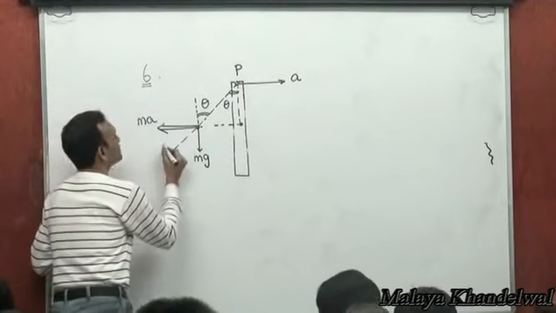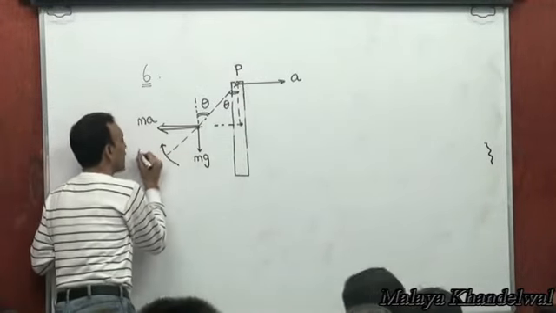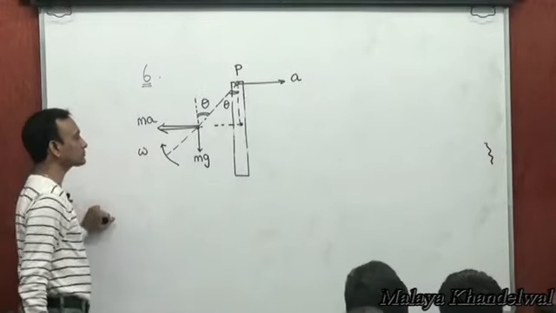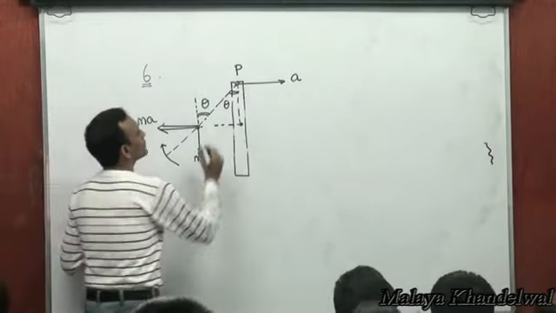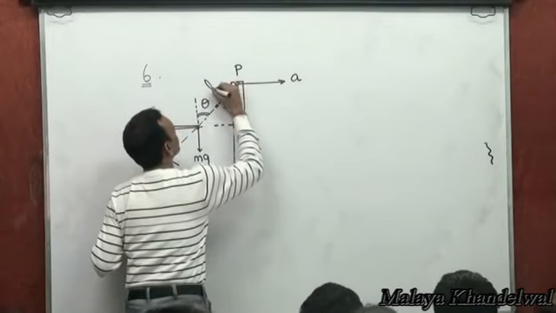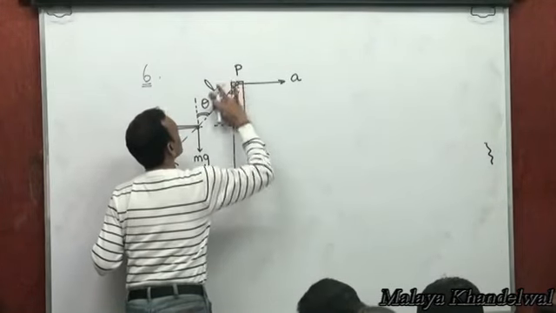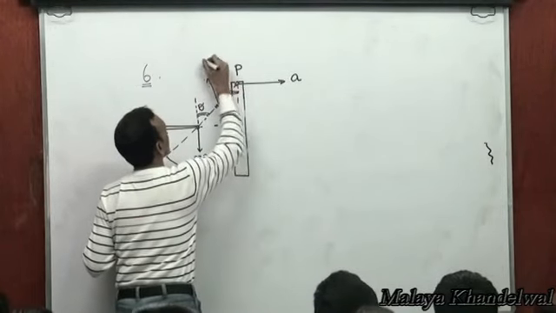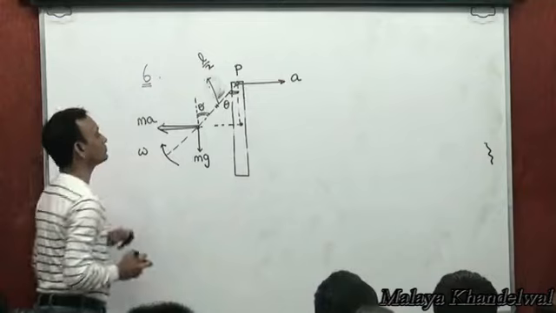Now, let's say it develops an angular speed omega, a function of theta. Clear? This length is L by 2, half the length.